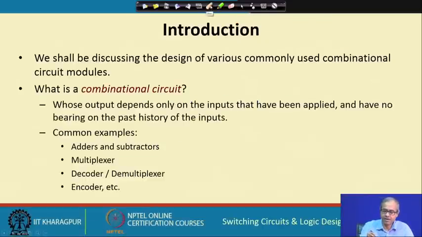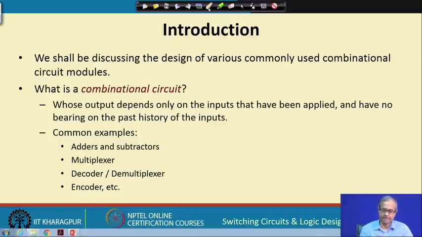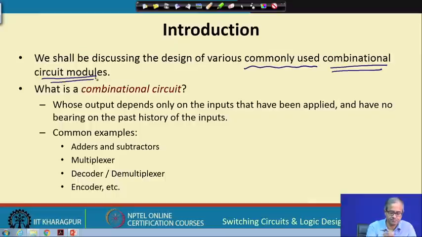So, before we move into the design of adders, as I said, we shall be discussing over the next few lectures the design of various commonly used so called combinational circuit modules. So, let us first try to understand what is a combinational circuit.